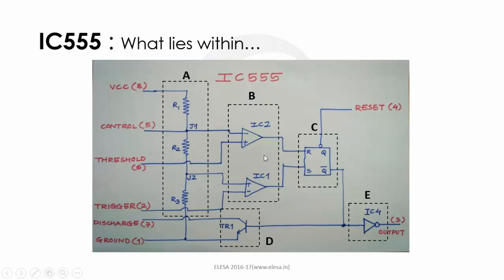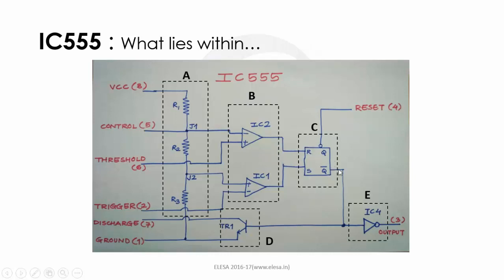We can see that at IC2, the upper comparator, the non-inverting voltage is at 2/3 of VCC. That means the output of that comparator will become high only when the voltage at the input of IC2 goes above 2/3 VCC. So when the capacitor voltage increases beyond 2/3 of VCC, the output of the op-amp becomes high, and that resets the flip-flop.